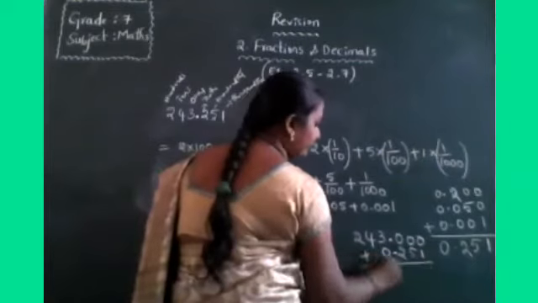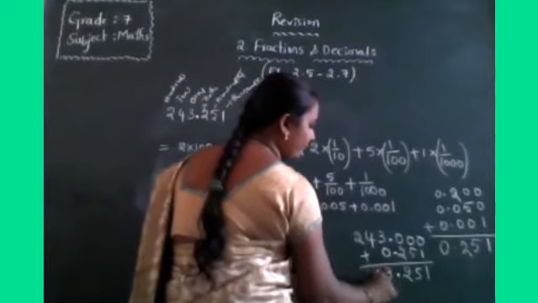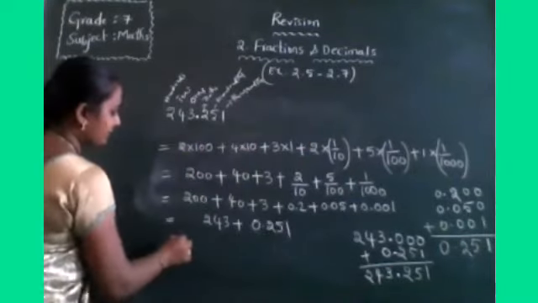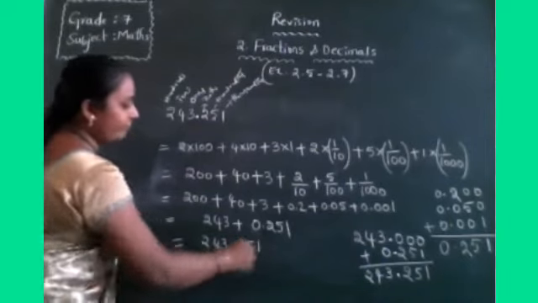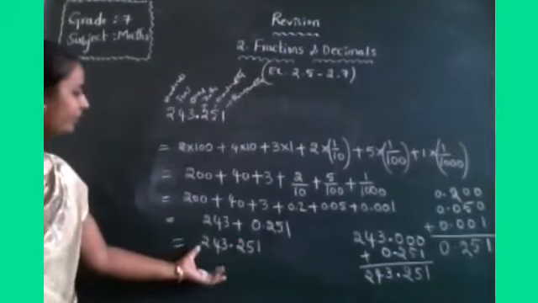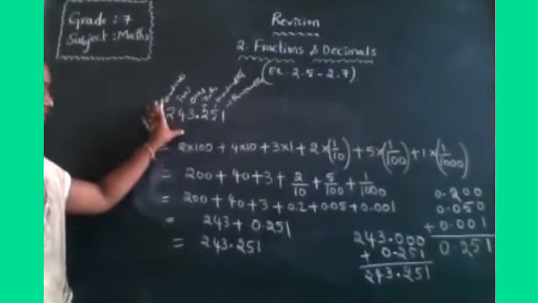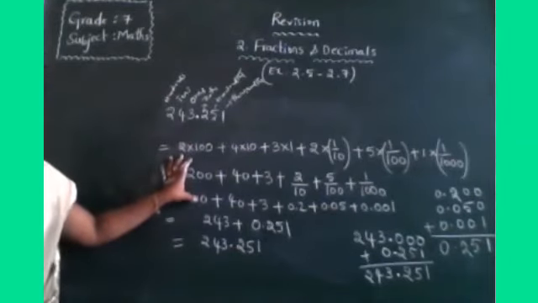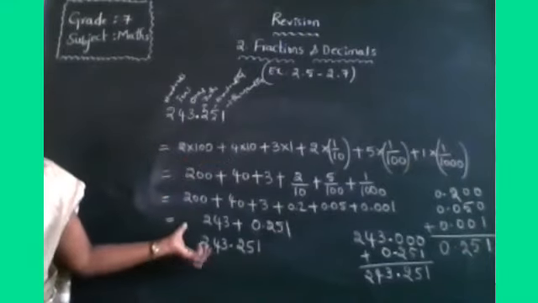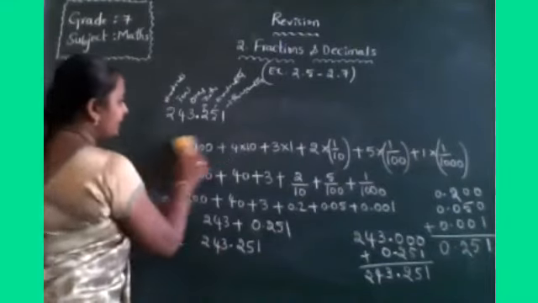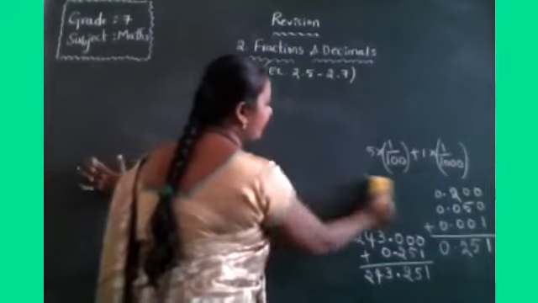Now add: 243.251. So we got this number, or not? Yes. So using a decimal number, how to write the expanded form, and from the expanded form how to write the short form, I explained here. Children, for problems like this you may see Exercise 2.5.